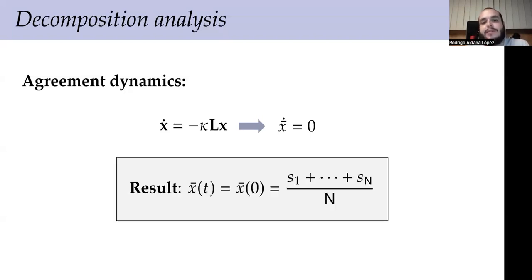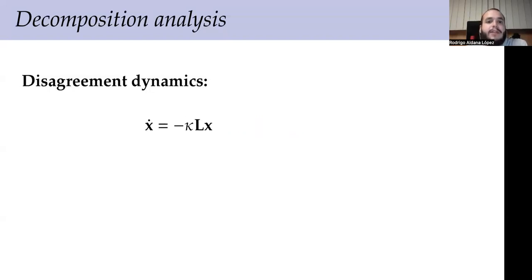And this is important because if it is kept constant and at the initial time you initialize the values with the quantities of interest, well, this quantity will remain constant at the average that you want to compute through the whole time, right? Now for the disagreement dynamics, you can show very easily as well that the dynamics has a very similar structure.